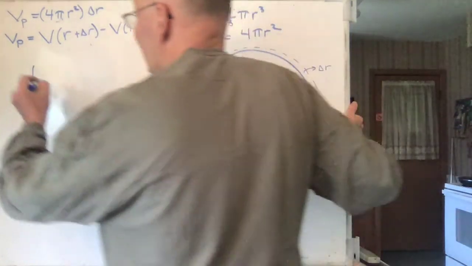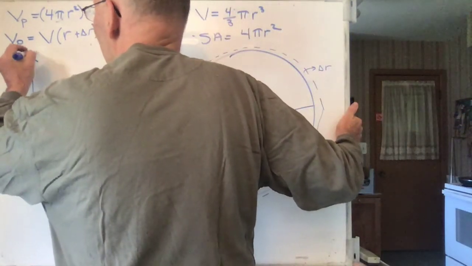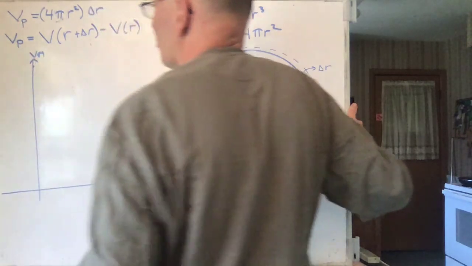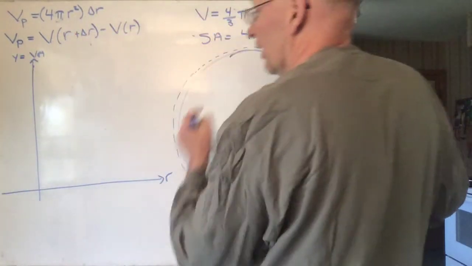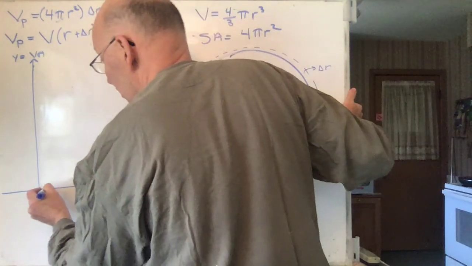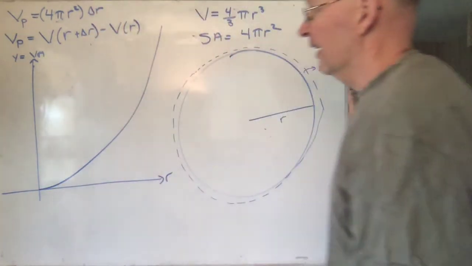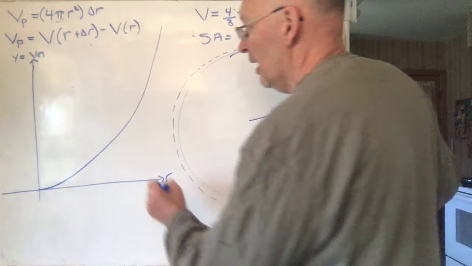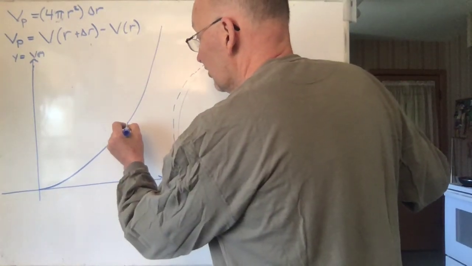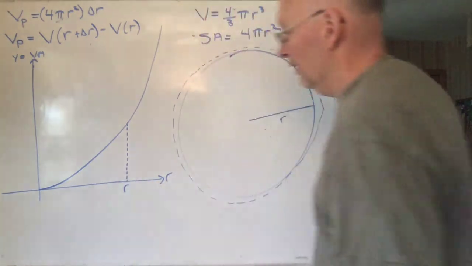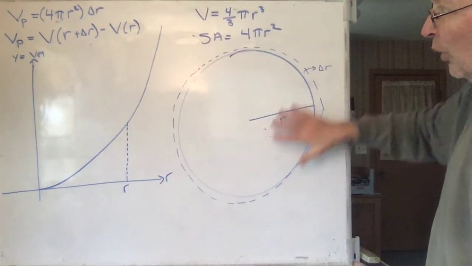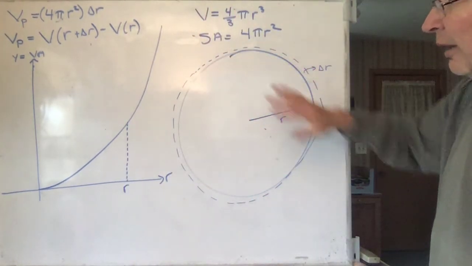If this is R, and this is V of R, then what does this function look like? It's a cubic function, looks something like that. And let's suppose that that's the volume of the original water tower.